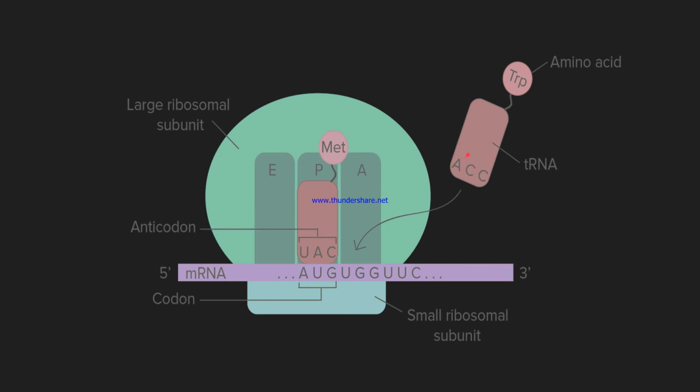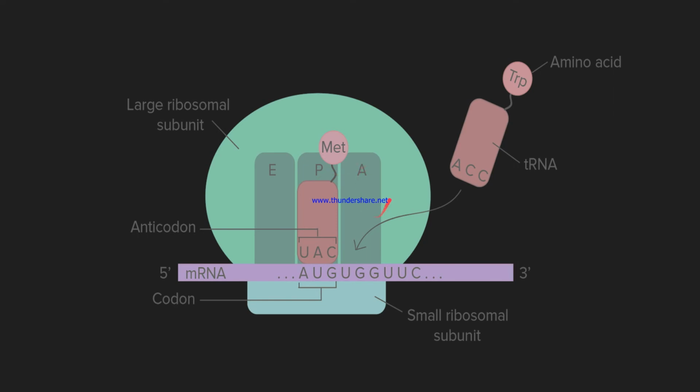After the tRNA enters at the A site and attaches, it moves over to the P site. As you can see, we have methionine at the P site. And when it moves to the P site, another tRNA enters the A site. Once you have something in the P and A site, the amino acid in the P site is going to attach to the amino acid in the A site, and it's going to detach from the transfer RNA.